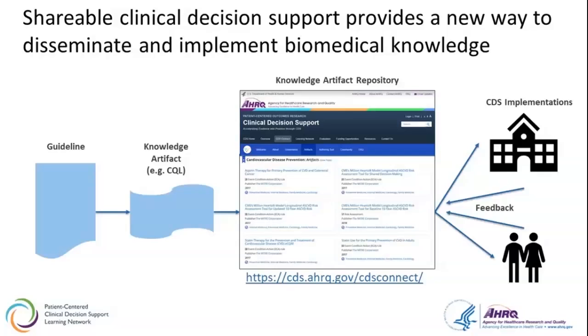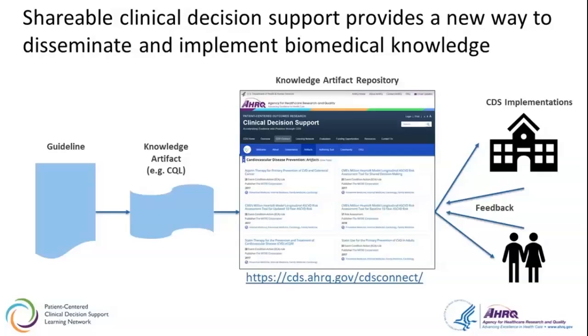From usage of these artifacts, ideally there's a feedback loop in terms of what artifacts were downloaded, the degree to which they were used, maybe how satisfied end users may or may not be. And that feedback circles back into the CDS Connect repository.